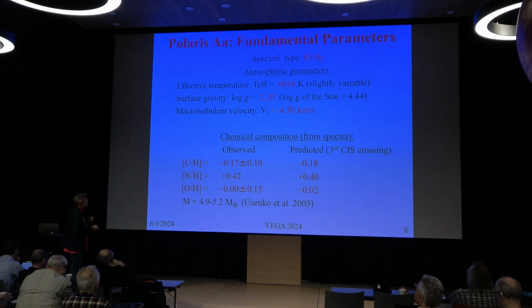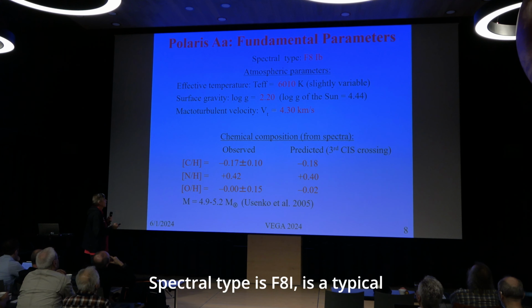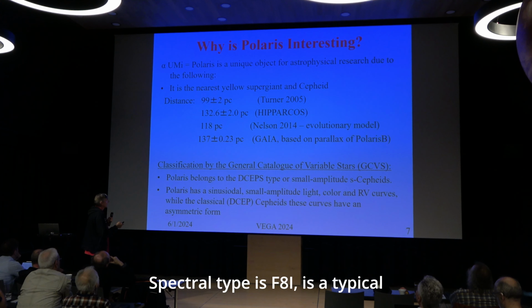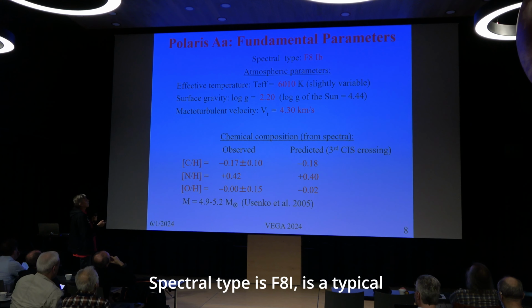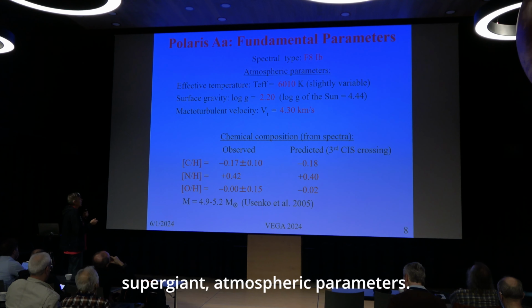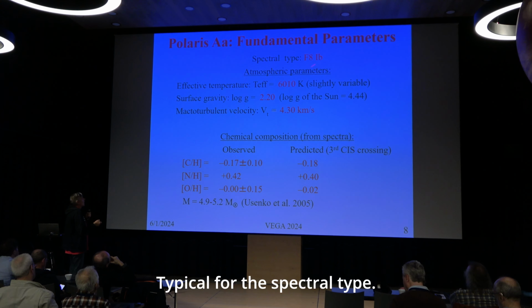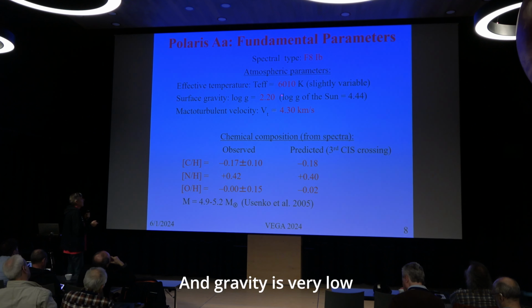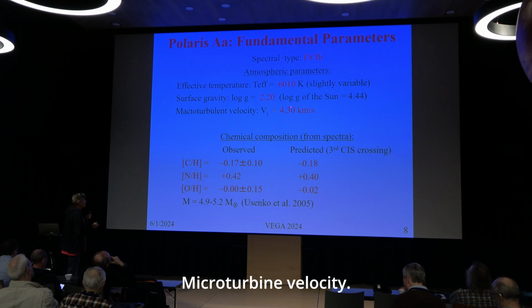Next, fundamental parameters of Polaris. The spectral type is F8 Ib, a typical supergiant, and atmospheric parameters are typical for this spectral type, and gravity is very low in comparison to the Sun. Macroturbulent velocity.